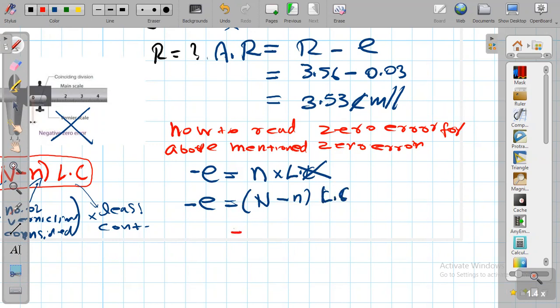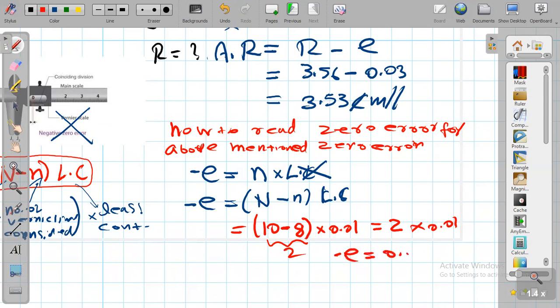How should it be now? Normally there are 10 lines, only 8 coincided, multiplied by 0.01. So my answer becomes 2, altogether 2 times 0.01. So the negative zero error is 0.02 centimeter.